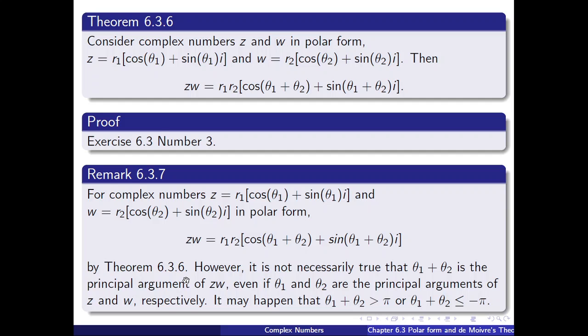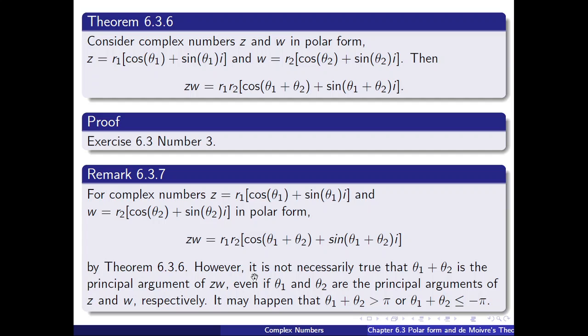And then we are going to have a remark to talk about the principal argument and how it might change in this case. For complex numbers z, equal to r1 times cos theta 1 plus i sine theta 1, and w, in polar form, we know that zw is going to be that by theorem 6.3.6.